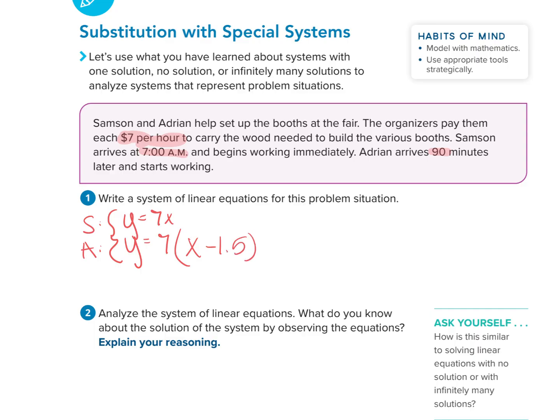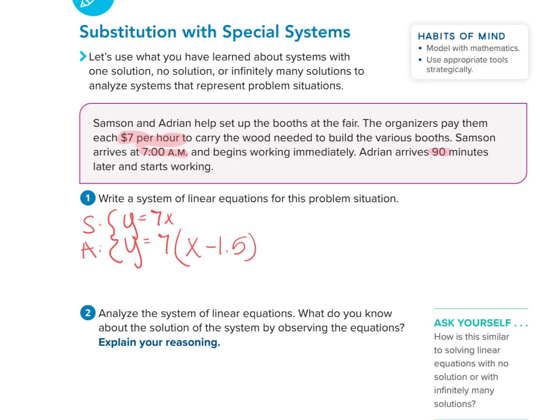So what this is doing is, whenever we distribute, we're doing our 7 times our hour, but we're also going to be making less because it's an hour and a half less. So this would be our system of equations that we would then be able to use to solve, just by observing and then also algebraically.